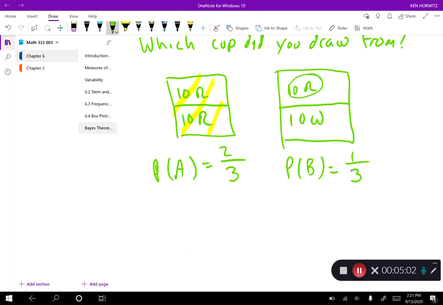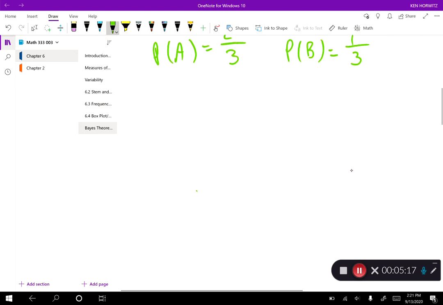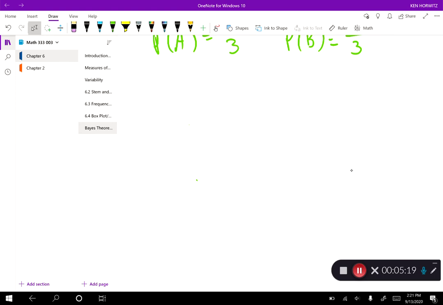So with this added piece of information, it takes our probability from just cup A and cup B of 1/2 to 2/3 and 1/3. If you understand this fairly straightforward problem, you have an idea about Bayes' theorem. All right. So let's take it out of the pictorial and bring it into the numeric.